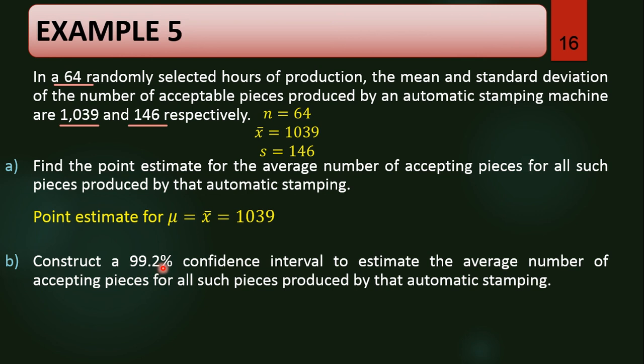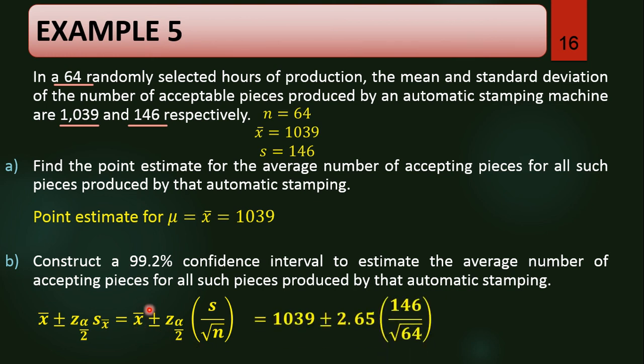Then the second question asks to construct the interval estimator with a confidence level of 99.2%. We are in the first case because n here is more than 30, meaning we will use the Z table. So in the Z table here, we are using this formula. So we are using X bar 1039 at a confidence level of 99.2%.